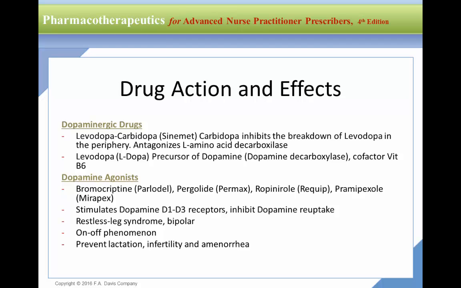The bromocriptine could also have the on and off phenomenon of Parkinson disease. As I said, basically is the symptoms of Parkinson could worsen or improve while on these medications.